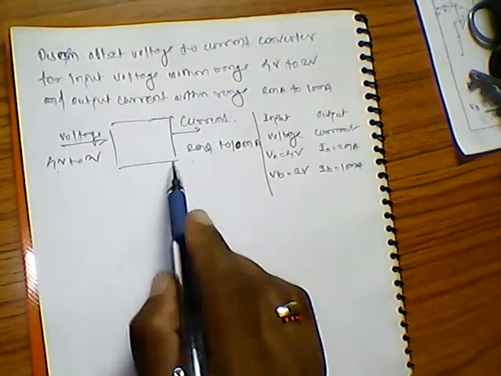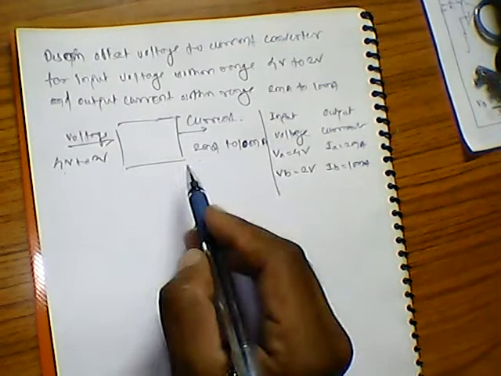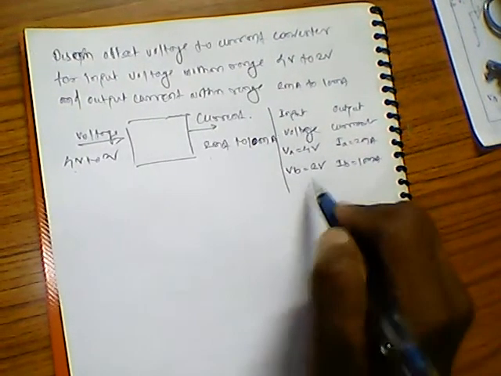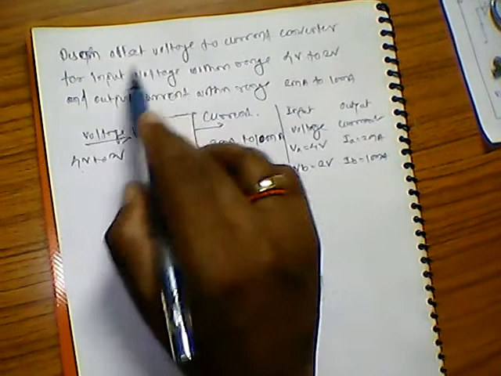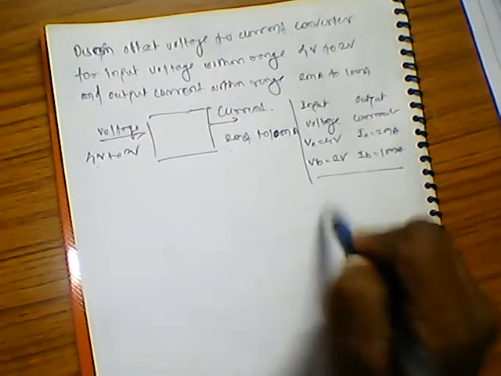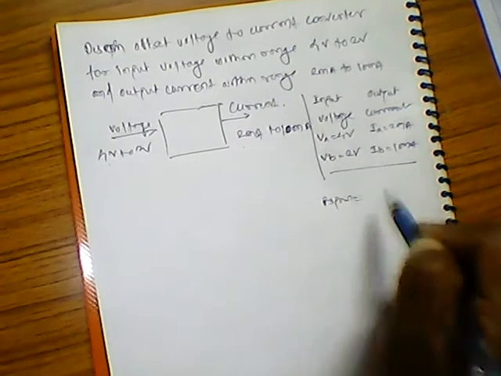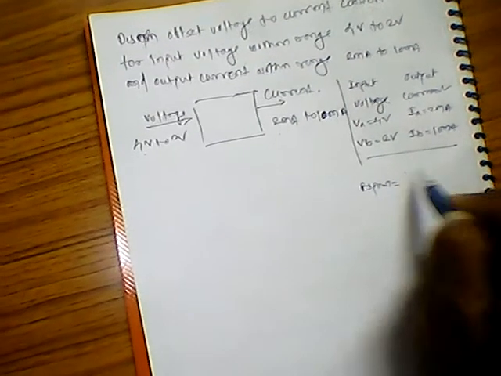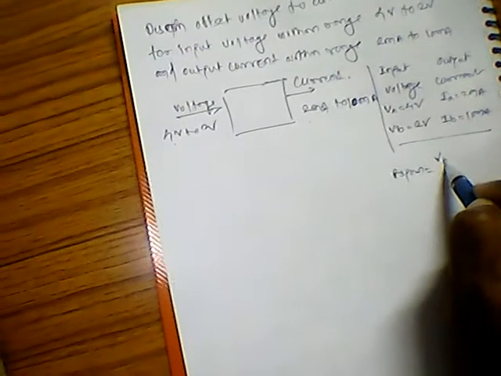So in this case, if we use the formula for R span for this offset voltage to current converter, R span is equal to VB minus VA divided by 2 into IB minus IA.